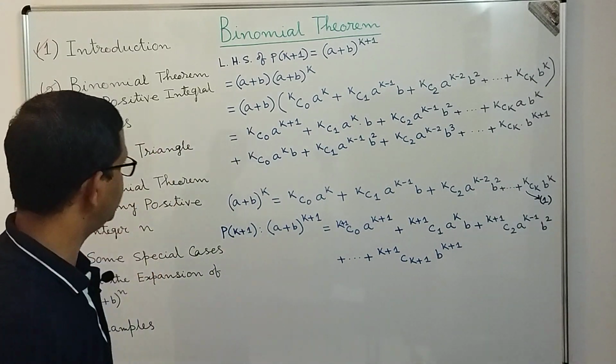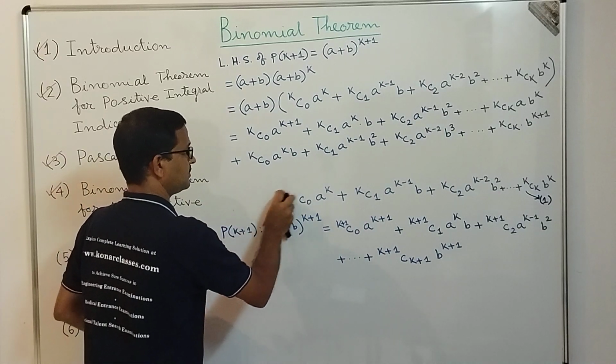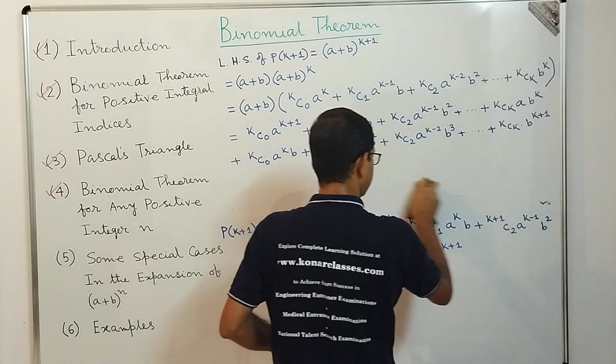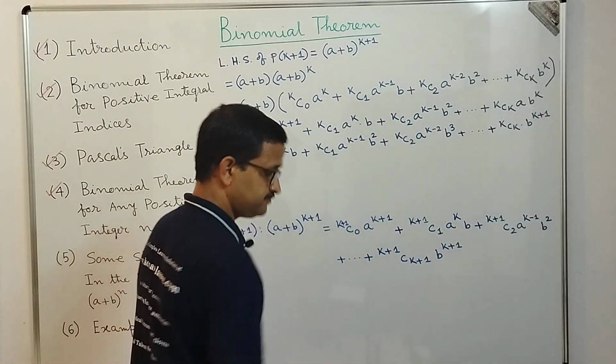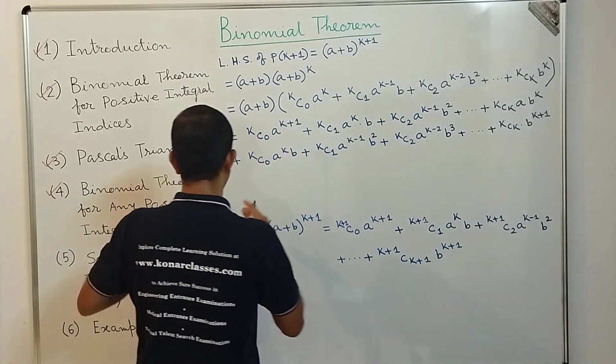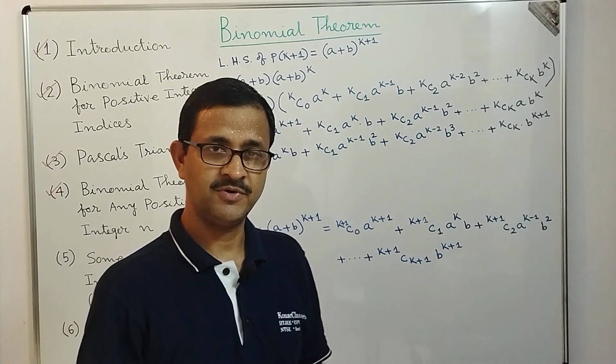After that, what we are going to do, dear students, is the next step. If we look at that, kC0 into a^(k+1), so kC0 is equal to what? kC0 is equal to 1. Okay.